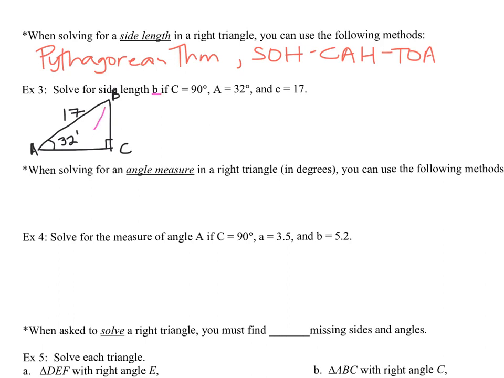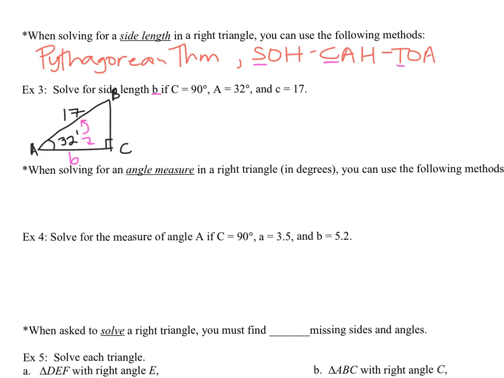On this picture, B is going to be that side length at the bottom. From our given information, if we take a look at the 32 degrees, the B and the 17, think SOHCAHTOA. Would this be comparing sine, cosine, or tangent? Well, from that given angle, B is the adjacent side length and 17 is the hypotenuse.